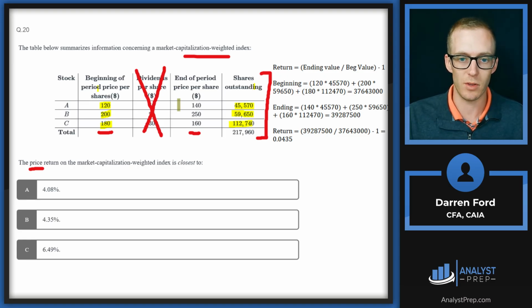And then we just need to do the same for the ending period. So we're going to do 140 times this column, add that to 250 times this column, and 160 times this column. So that gives us our ending value here, big number, beginning value here, big number. Take that ending divided by beginning, subtract out 1, gets us a return of 0.0435, which would be the same as 4.35%. Answer B.